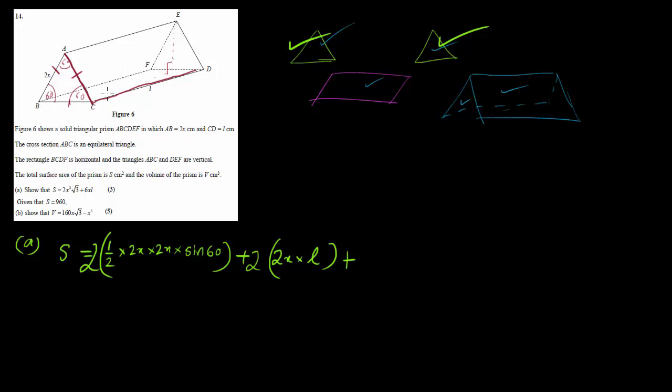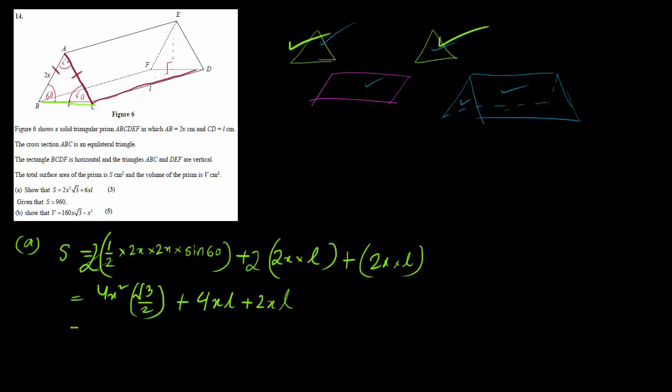And then we have the floor, the fifth surface, which is length into breadth, and this side is twice x and that is L, twice x into L. Now let's simplify this. This 2 and this 2 cancel off and we get 2 to the 4 x squared. And if you remember, sine 60 degrees is root 3 by 2. So this is root 3 by 2 plus, now this is twice x into L. If you multiply by 2, this would be 4xL, plus this is 2xL.